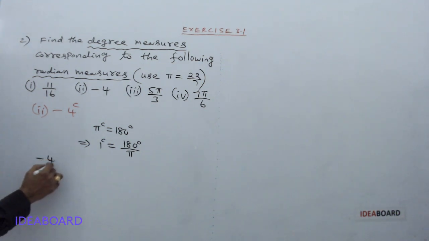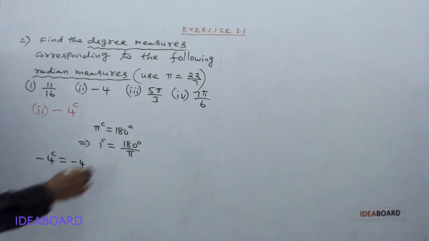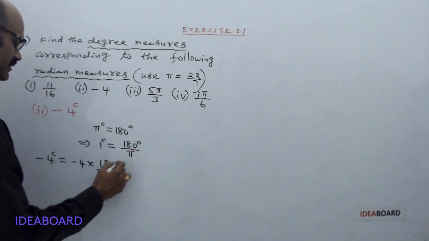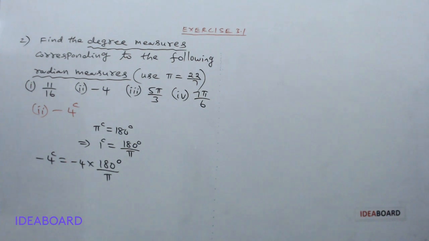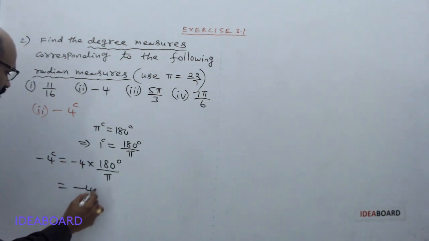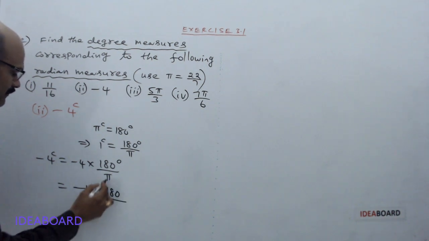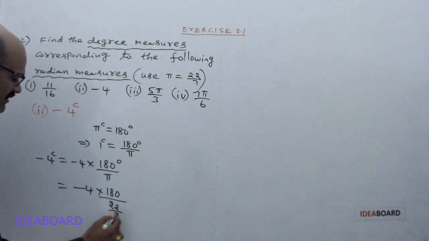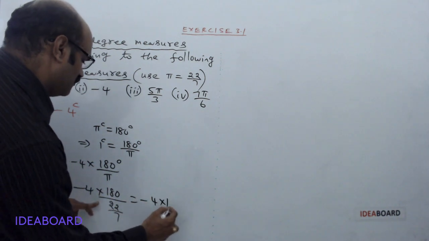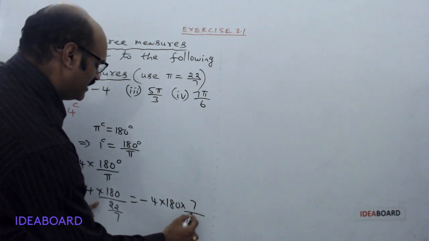So minus 4 radians equals minus 4 into 180 by pi degrees. With pi as 22 by 7, it becomes minus 4 into 180 into 7 by 22.